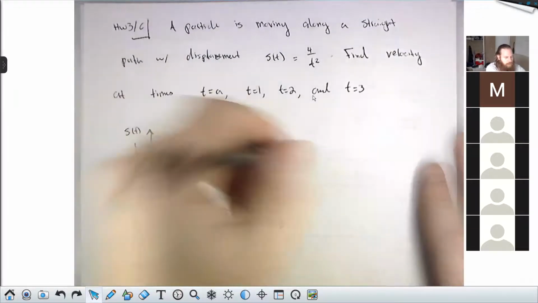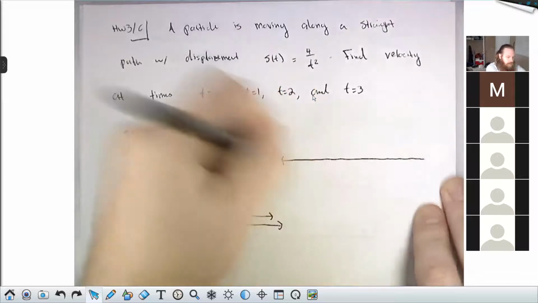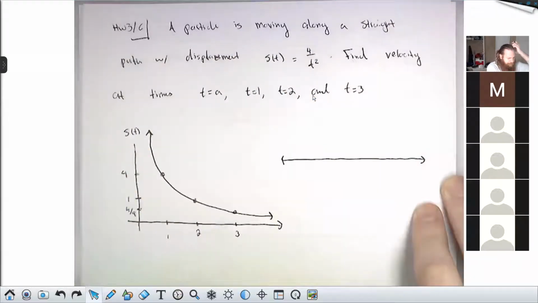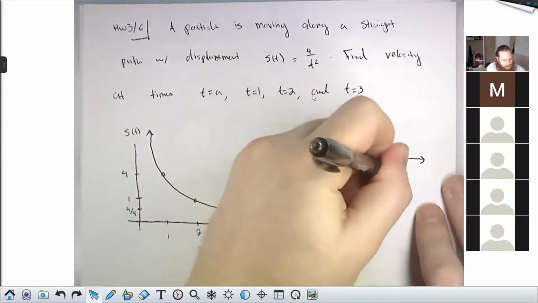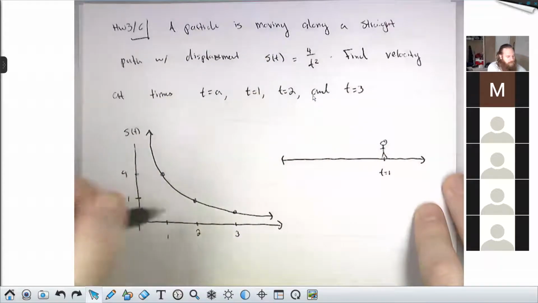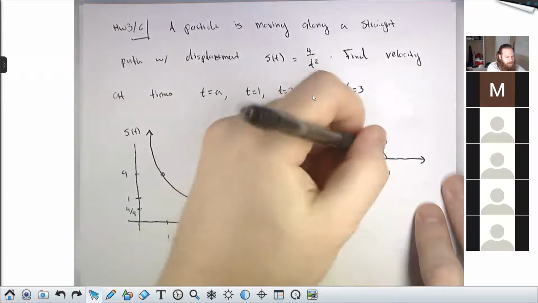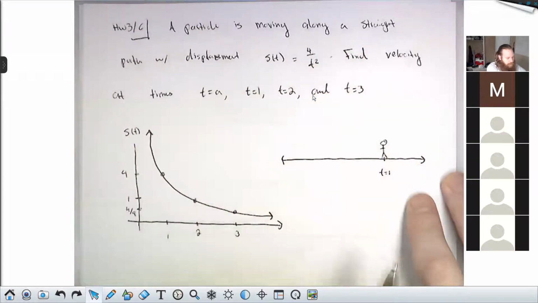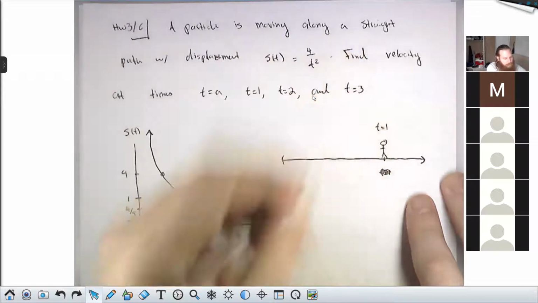So what's going on here? If you imagine this particle as a little dude walking back and forth along a track, at time t equals 1, he's over here, and his position is decreasing, which means he's going to the left. I was putting times up here and positions down here.